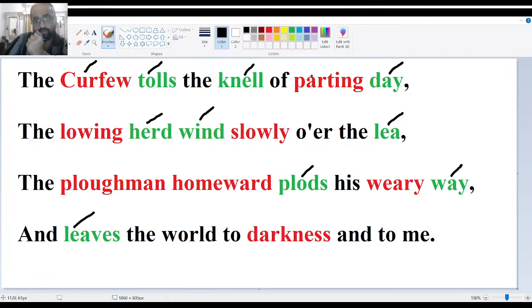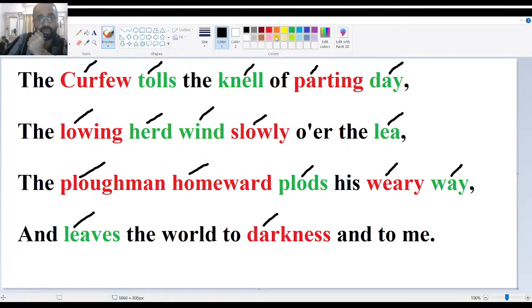Curfew is already done. Parting, remember part is a root word. Ing is a suffix. A suffix can never take the stress, it's always unstressed. Same applies to lowing, slowly, ly is a suffix. Plowman, homeward, weary, darkness.